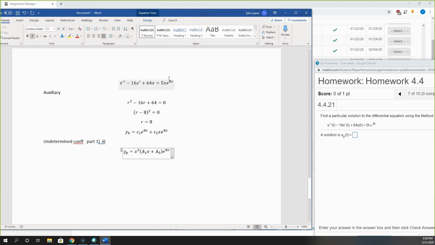Whatever your function is on the other side has to match your particular form for the undetermined coefficient. Linear polynomial, and then the exponential. This extra x squared is just because our double root matches the exponent.